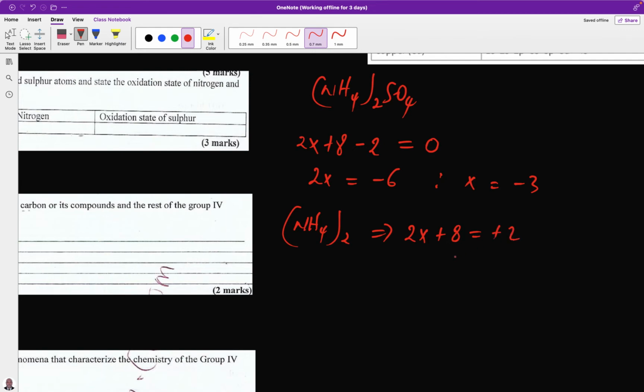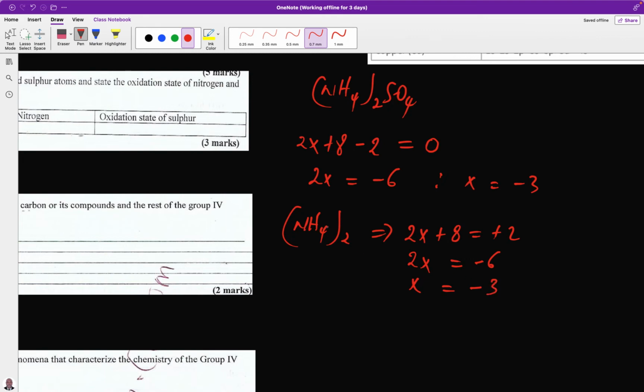So in that case, 2x equals -6, because -6 plus -8 plus 2 is -6. So x will still be equal to -3.